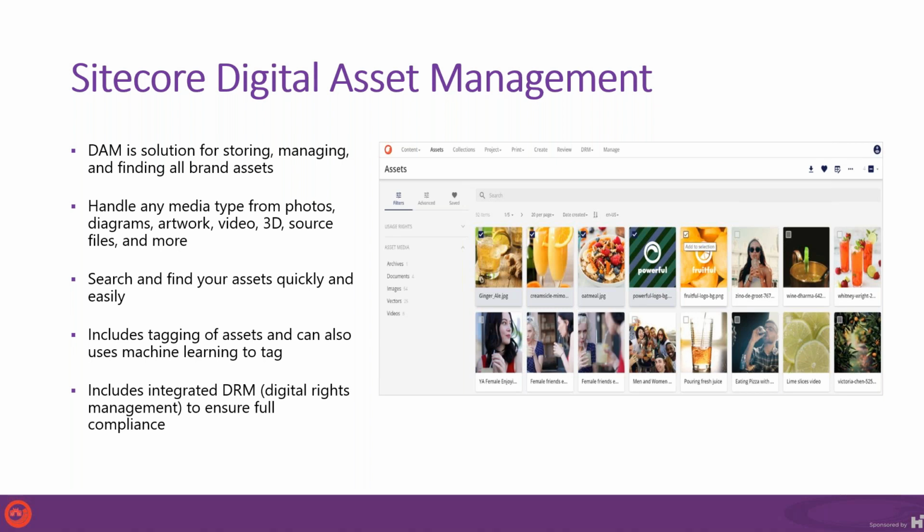This DRM will stop that content writer from using that asset. This will save us from copyright issues. So basically, digital asset management is useful for managing the assets with its features of machine learning and DRM.